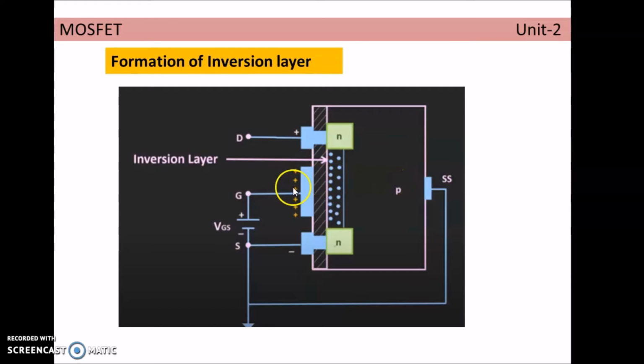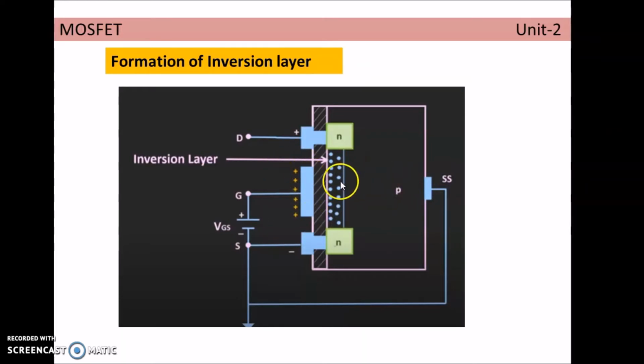Due to the force, the holes, which are the majority carriers in p-type, are pushed towards the substrate, and as a result the minority carriers, electrons, acquire enough strength from this positive terminal and start to move towards the positive terminal due to the force of attraction.